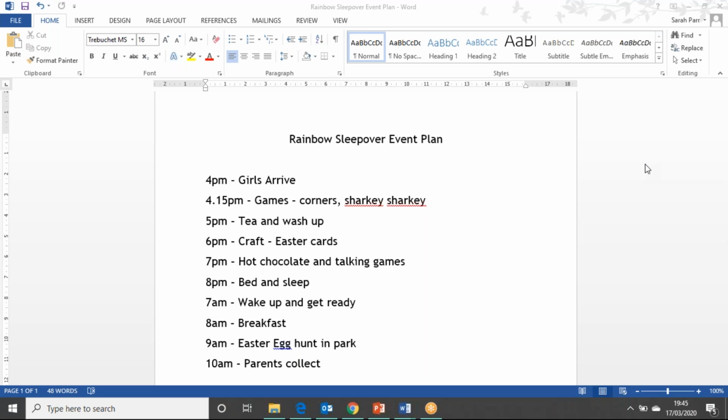Next bit then, having tea and washing up with Rainbows. What are they actually eating? I was going to say with Rainbows, we don't have them wash up. We do it ourselves because otherwise it's just water everywhere. So I would have considered that. So this might be where you might consider allergies, maybe.